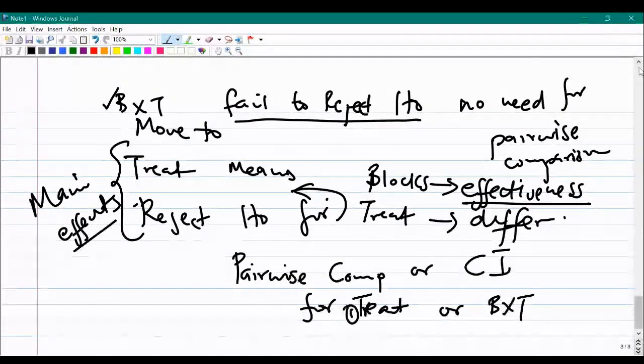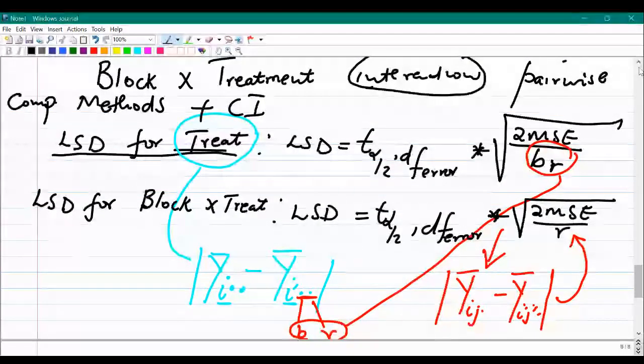Yes, I'm listening. Sir, so which means if we reject the block by treatment interaction, we don't test for treatment and blocks. Yeah, we don't test for treatment and blocks. Okay, thank you.